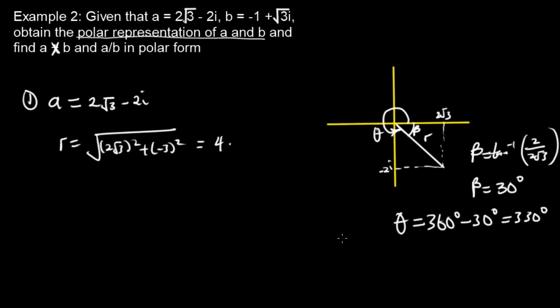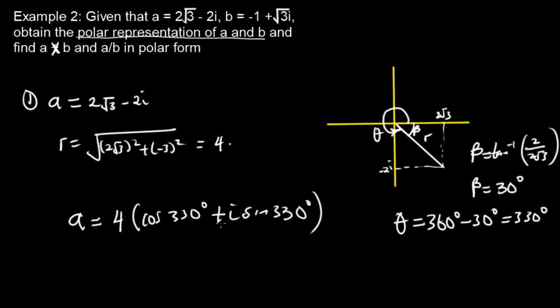So from here we can say that A is going to be equal to r, r is 4, cos 330 degrees plus i sine 330 degrees.